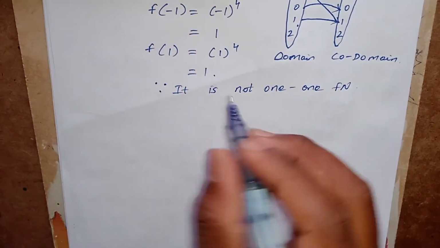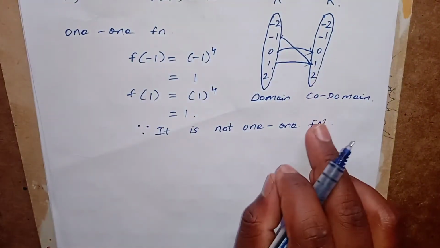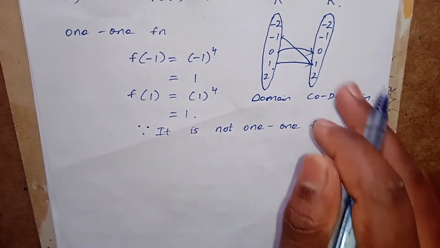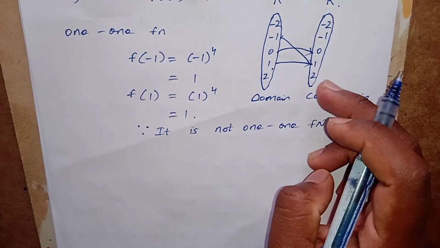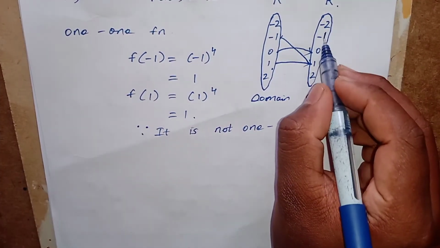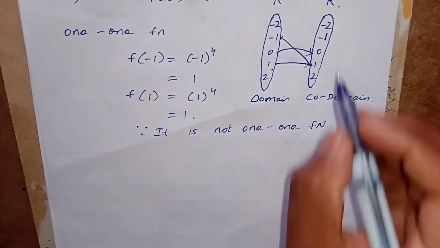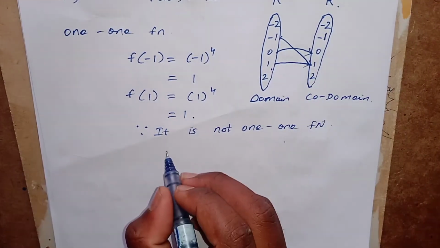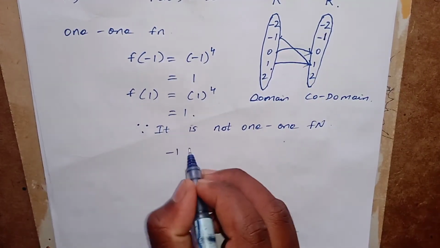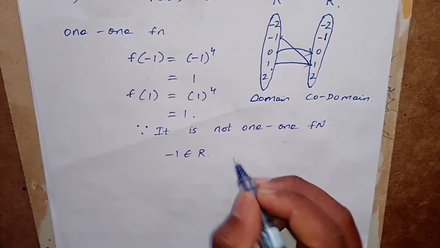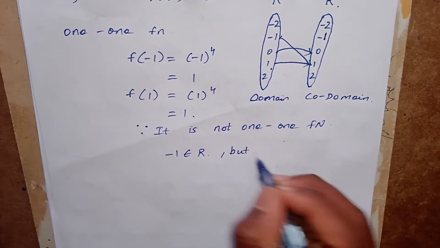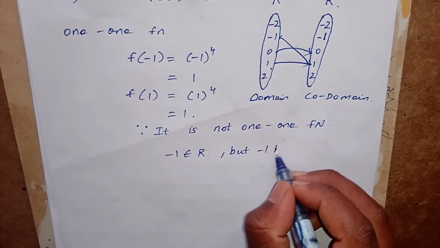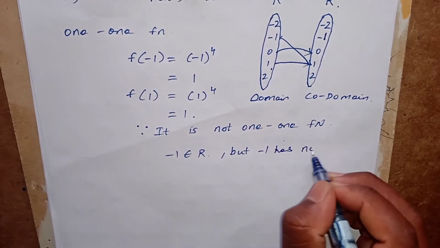For onto you have to check the codomain. In the codomain every element should be filled. But here in this question minus 1 has no pre-image. Minus 1 belongs to real numbers, but minus 1 has no pre-image.